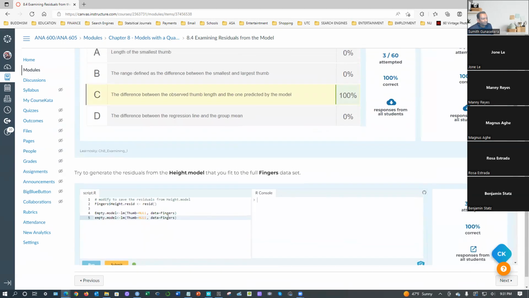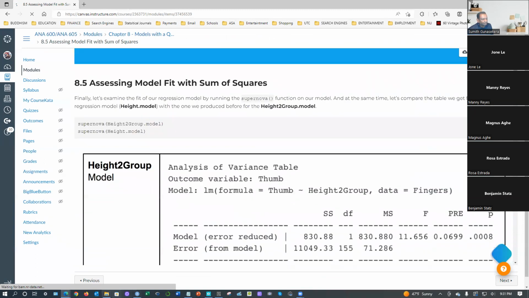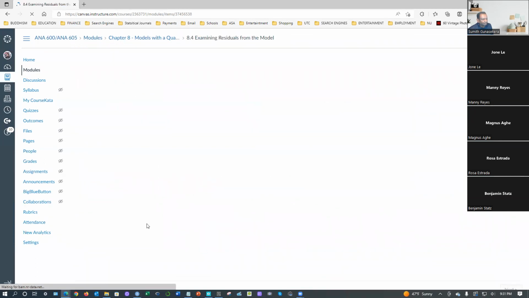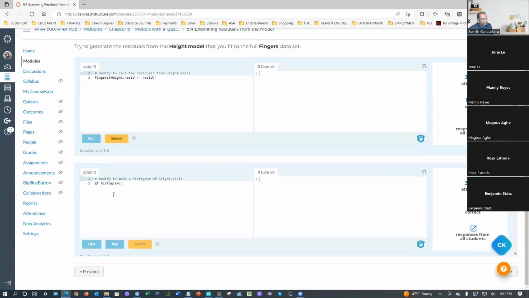Let's see what name they were using. One is the height model, the other one is the height to group model.